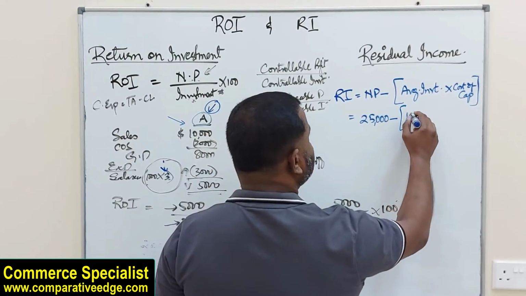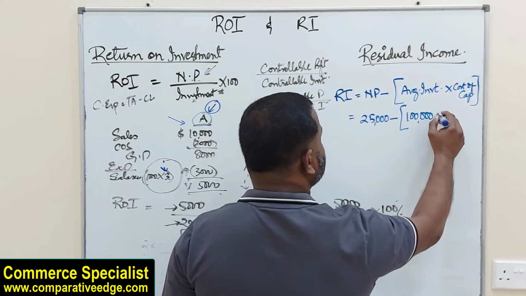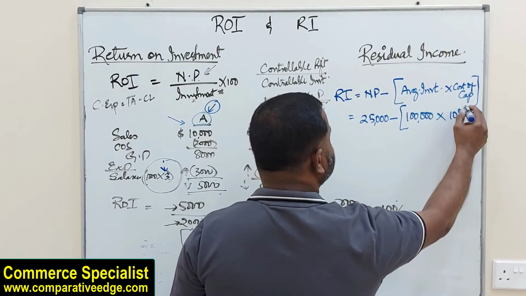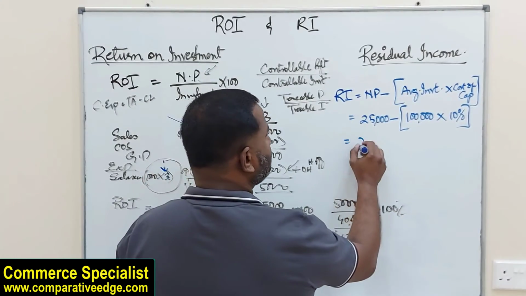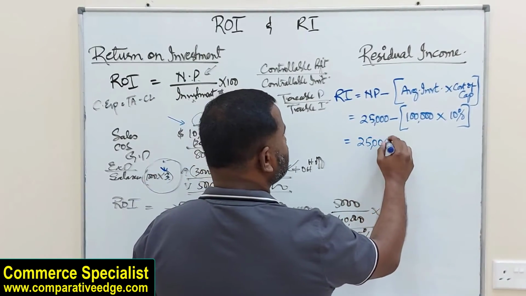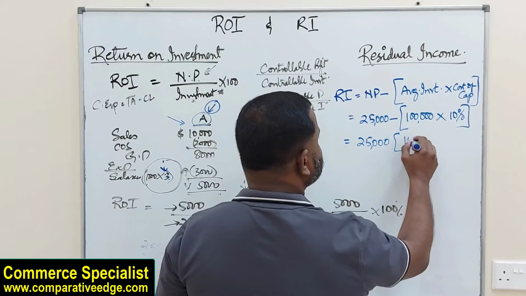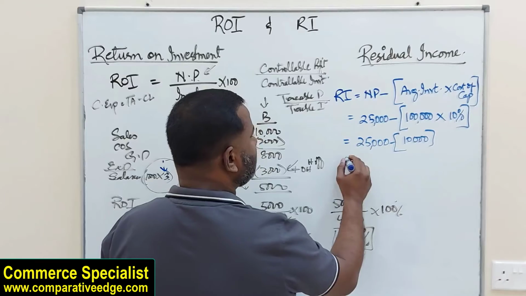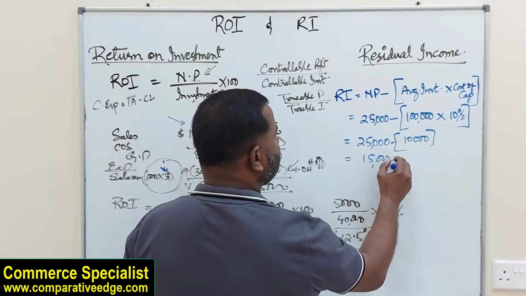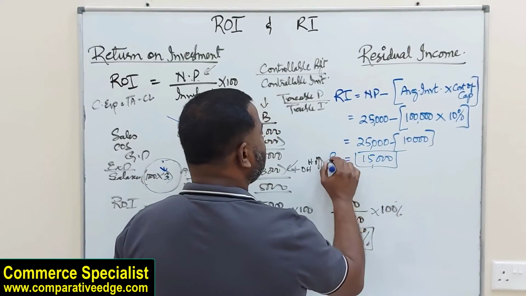Your average investment is 100,000 and cost of capital happens to be 10%. All this information will be given to you in the question. So 25,000 is the net profit. 10% of 100,000 is 10,000. So 25 minus 10 will give you 15,000, and this is your residual income.